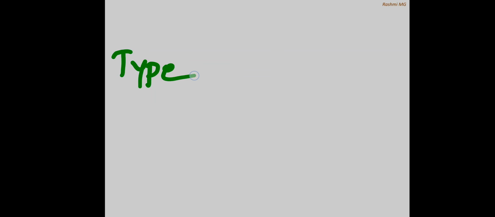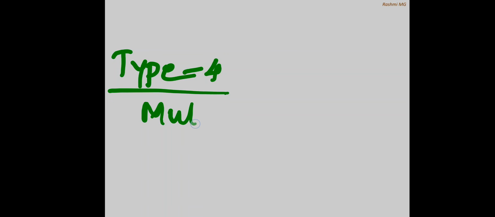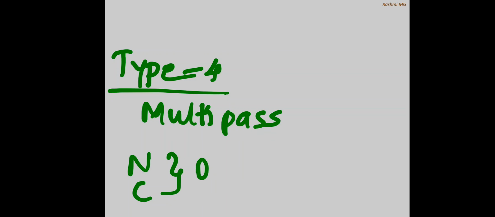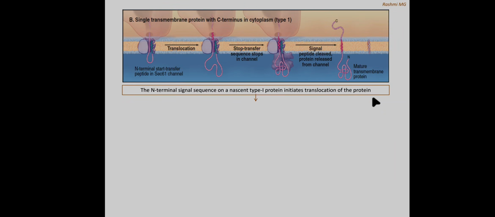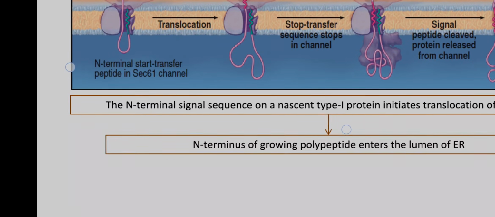And the last one, type 4, is a multi-pass transmembrane protein that may have both N and C terminus towards outside or N and C terminus towards inside. We learned this much yesterday, and also we learned how the process of insertion takes place.